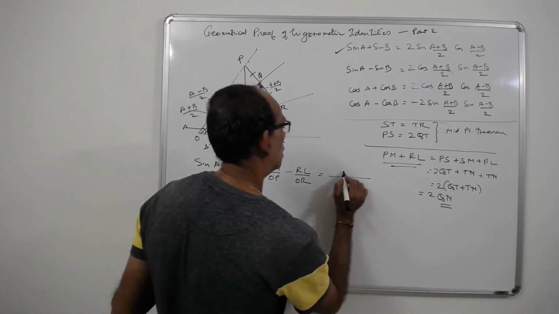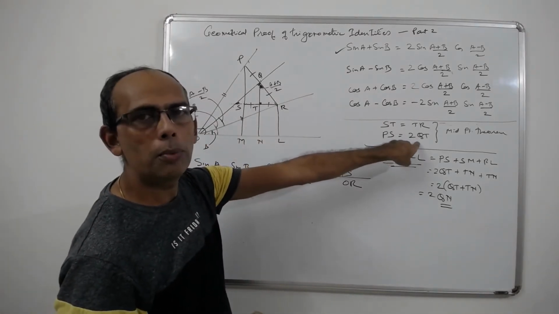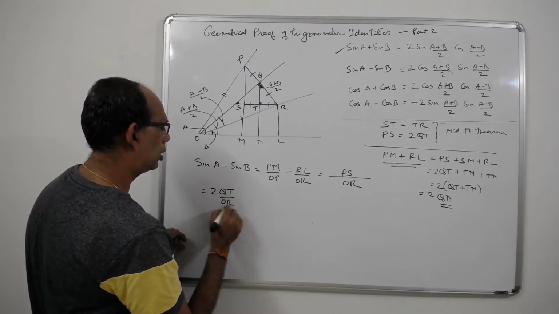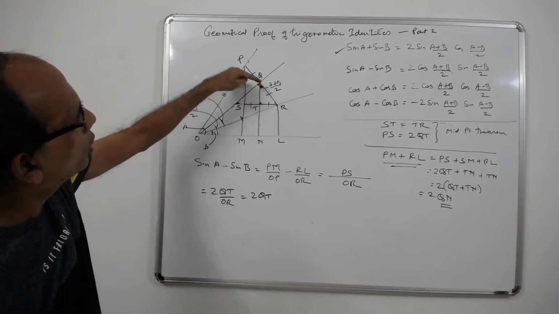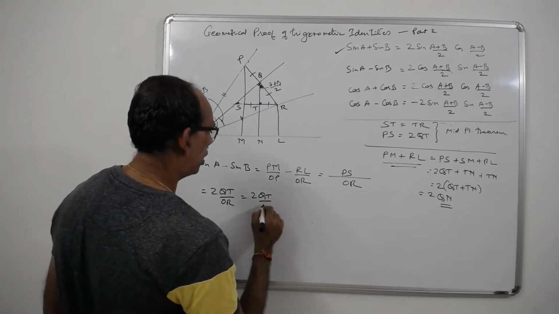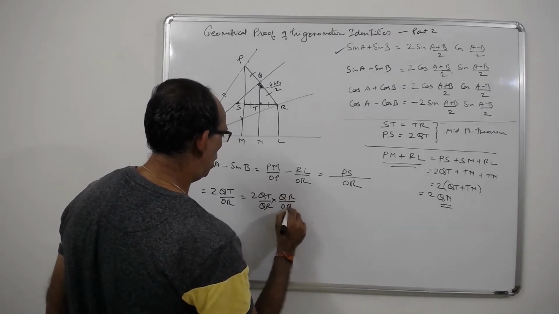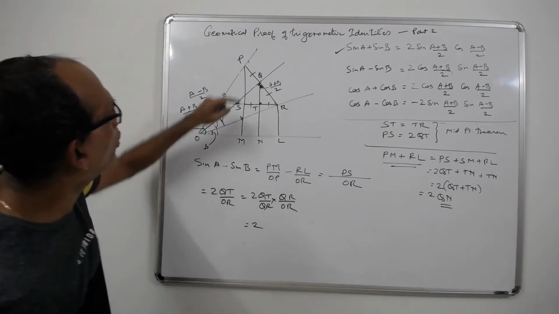Yes, it's PS. Now PS is equal to, we know, 2 times QT. So 2QT upon OR. I can write it as 2QT upon QR into QR upon OR, with QT here and the hypotenuse QR. What does it give us? 2 times QT upon QR.